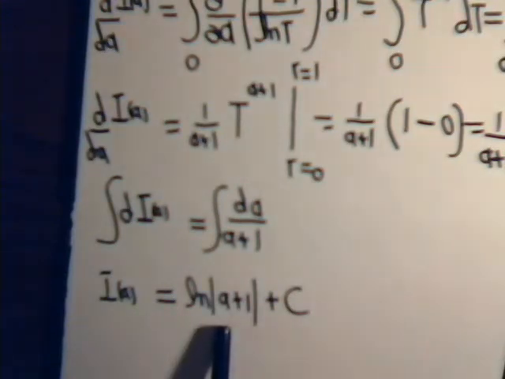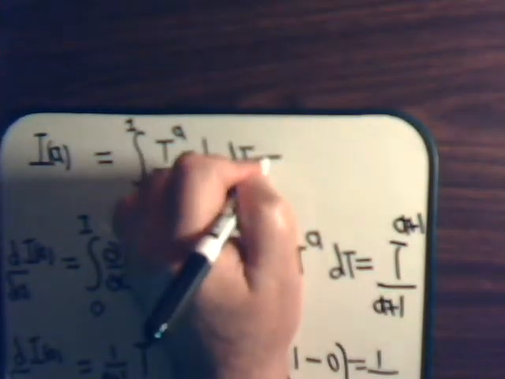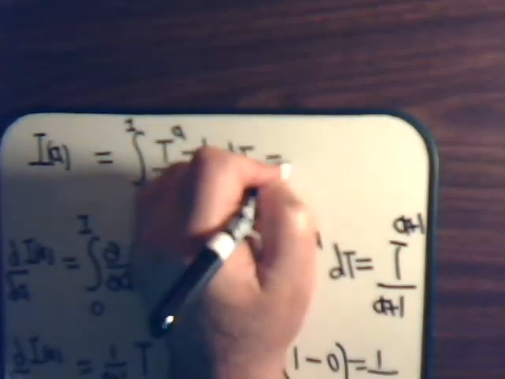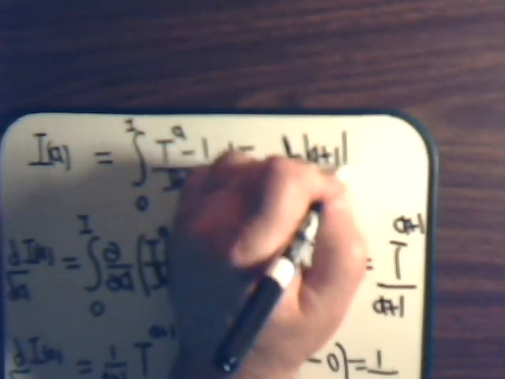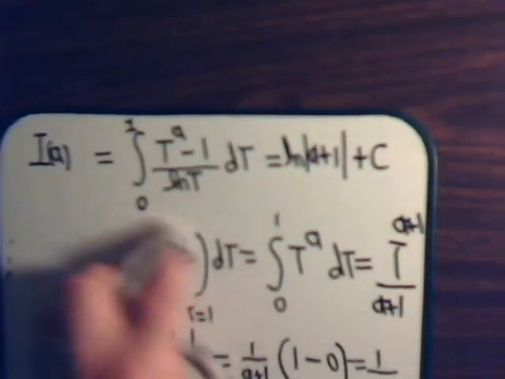The natural log of a plus 1 plus some arbitrary constant of integration. So let's go back up to here. There is I of a, and that equals the natural log of a plus 1 plus an arbitrary constant. So now we have an expression for this integral that before we did not know how to solve.